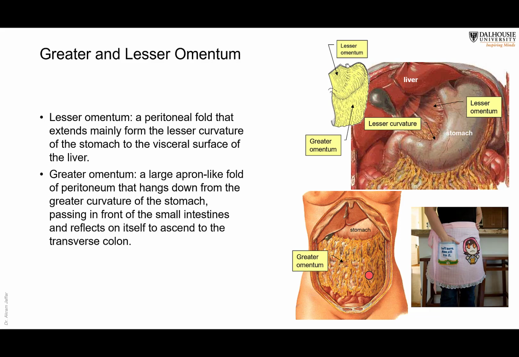As you can see here, the amount of fat depends on the nutritional status of the individual. So we have a greater omentum and the lesser omentum. Sometimes the greater omentum is called the policeman of the abdomen, and you will see why when you watch one of the videos that we will have in the lab.